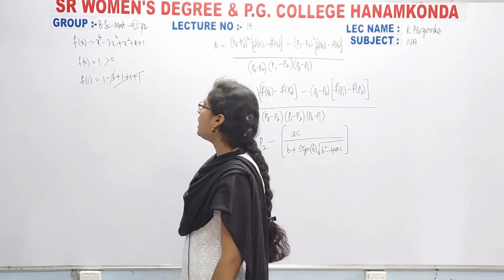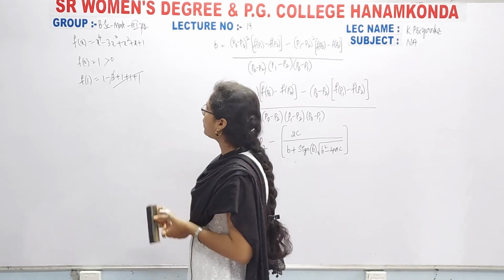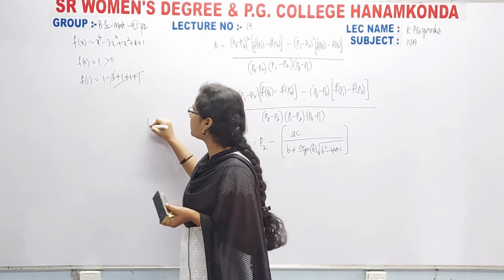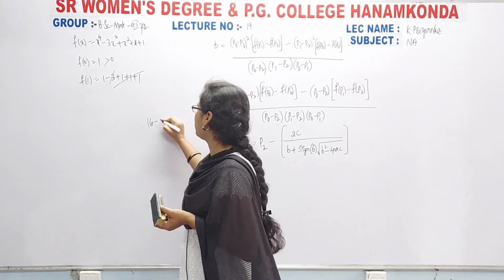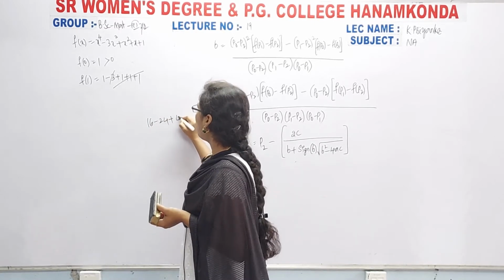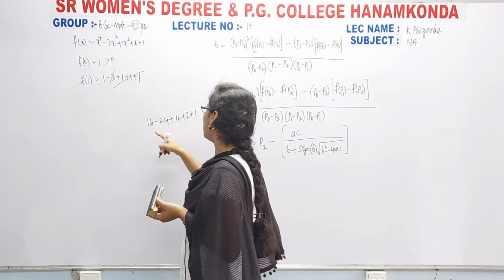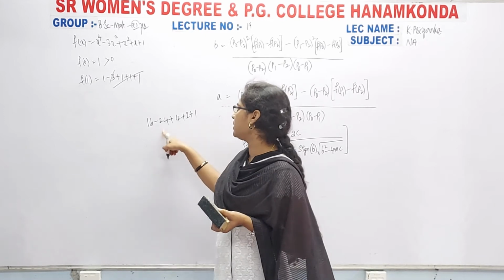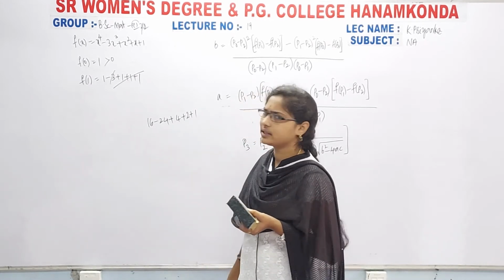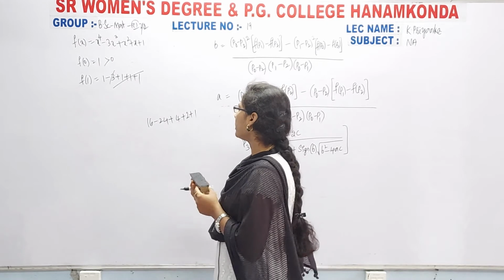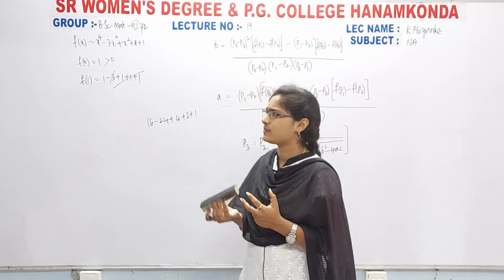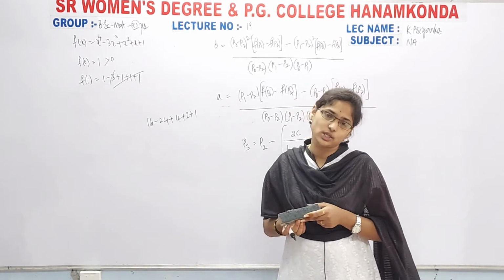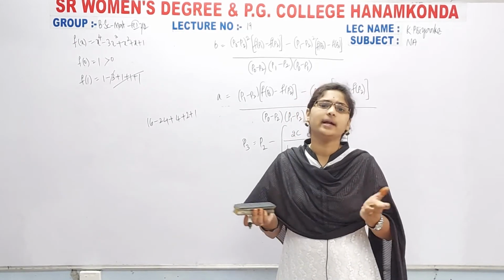Next if I substitute 2, then obviously 2 power 4 is 16, minus 8 into 3 is 24, plus 4 plus 2 plus 1. 16 plus 4 is 20, 22, 23, 23 minus 24, so here we are getting minus 1. So directly we can take the interval as 1 comma 2, otherwise you can take 0 comma 2, or you can take 0 comma 1 also, because they didn't mention.